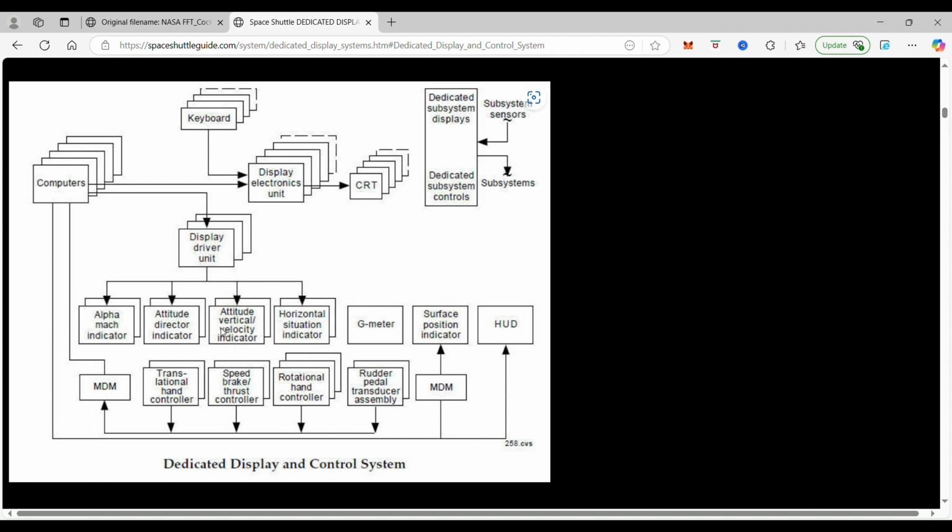That information also goes into the HUD here, although we don't see a line that goes into it. But the HUD also has the vertical velocity and also vertical acceleration. So this in the schematic is where that instrument lives.